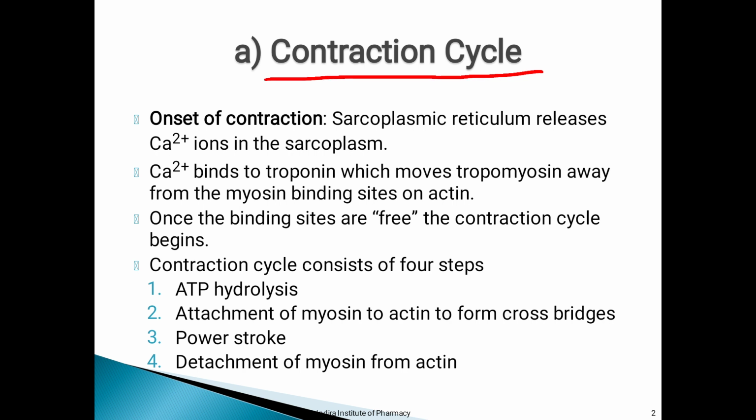We have already covered in the neuromuscular junction that when the nerve impulse, that is the nerve action potential, reaches the axonal terminal of the somatic motor neuron, it opens the calcium channels present on the membrane of the axonal terminal.